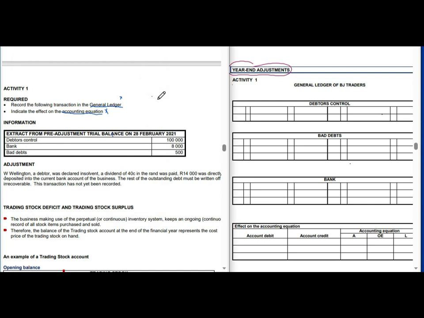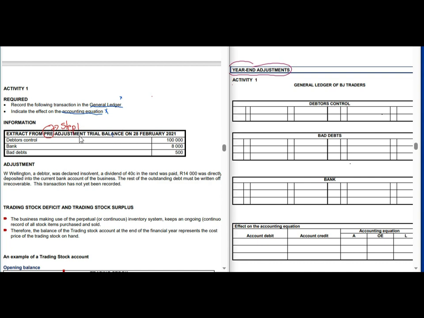And then guys, we have information. It says extract from pre-adjustment trial balance on the 28th February. Normally I recommend that we use steps, and step number 1 is our pre-adjustment trial balance. Whenever you do year-end adjustment, your step number 1 is always the pre-adjustment trial balance.